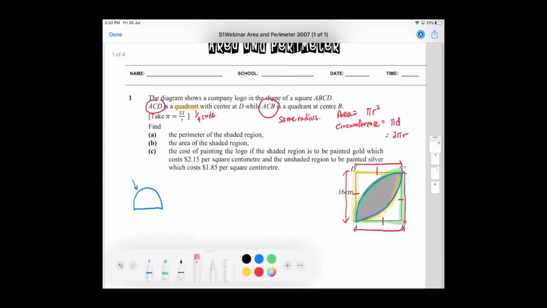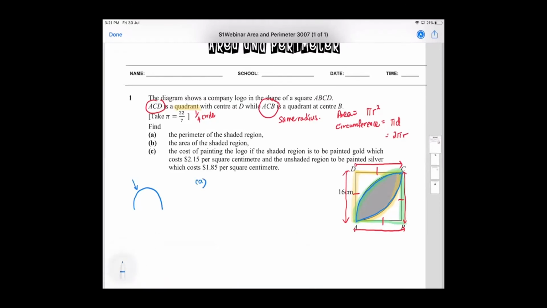Let me erase the bottom. So this part is actually the perimeter of the shaded region. To find it, we just have to find the arc length of the semicircle. 2 quadrants combine into 1 semicircle.